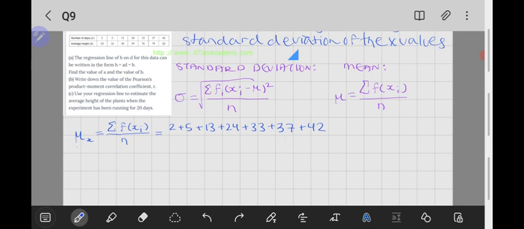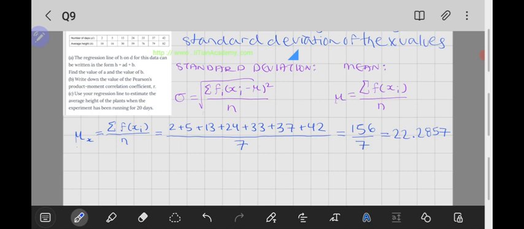This is divided by our sample size, and since we have 7 values, that is 7. Inputting this into our calculator, we get 156 over 7, which simplifies to 22.2857 and some more numbers. It's always good to keep more digits so you get a more exact answer.